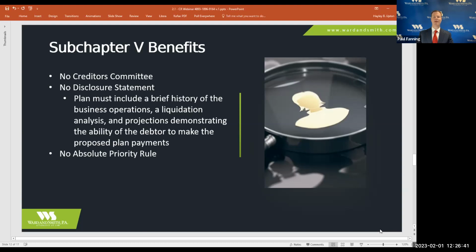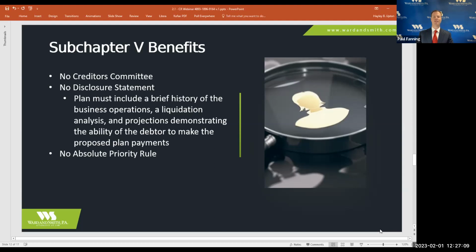Acceptance of a plan by an impaired class of creditors is not required for a cram down of a plan in Subchapter V. In a cram down plan, the debtor must use all of its disposable income or contribute property having a value of at least all of its disposable income to make plan payments to creditors over a period of 3 to 5 years.